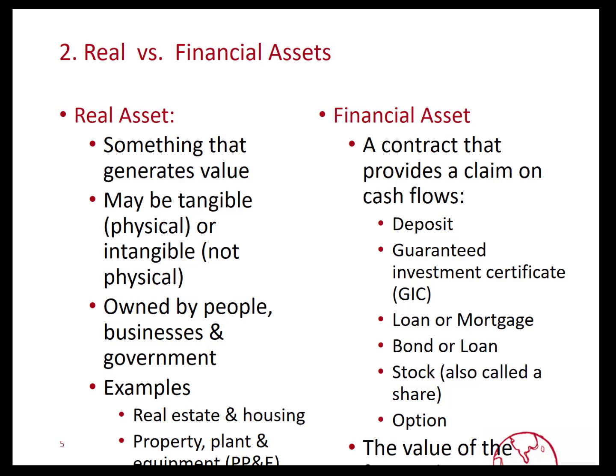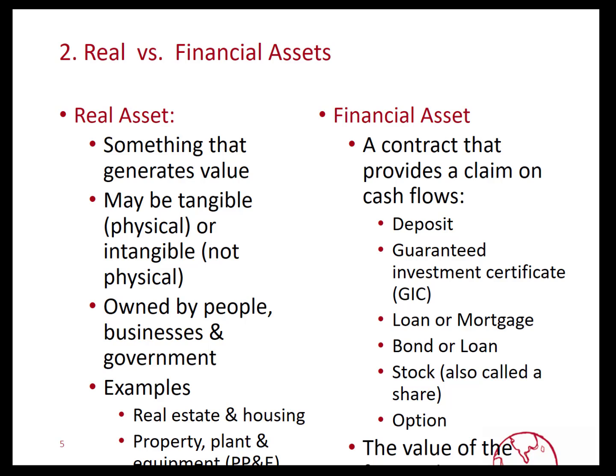When it comes to financial assets, we're talking about a contract that provides a claim on cash flows. So you can think of very simple claims, such as when you put money into your bank, you have a deposit which has a claim on that cash. You could invest the money with the bank for a limited term in what is called a guaranteed investment certificate.